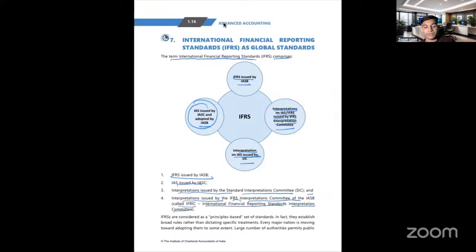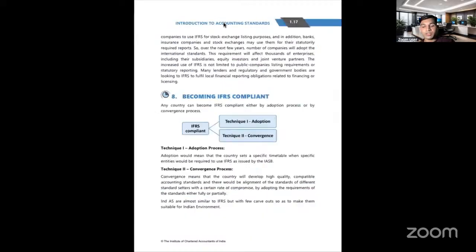IFRS are considered as a principle-based set of standards. In fact, they establish broad rules rather than dictating specific treatments. Every major nation is moving towards adopting them to some extent. A large number of authorities permit public companies to use IFRS for stock exchange listing purposes.